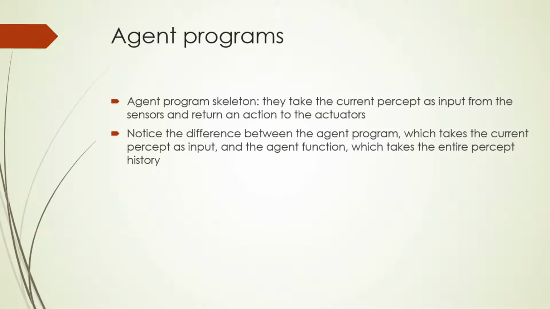For example, if certain behavior requires many percept sequences, the agent will have to be persistent in some way, so that it can look up and take note of quite a number of percepts until it comes up with a certain behavior. So the agent function is the one that will be invoked when there is a series of percepts that needs to be processed in order to achieve certain behavior.